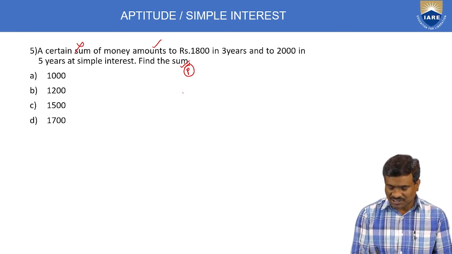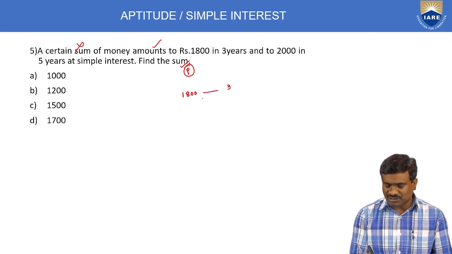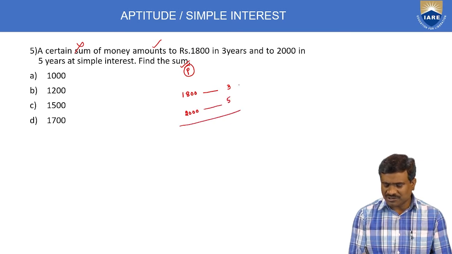First equation: amount 1800, time duration 3 years. Second: amount 2000, time 5 years. Equation 2 minus 1: interest 200, time duration 2 years.